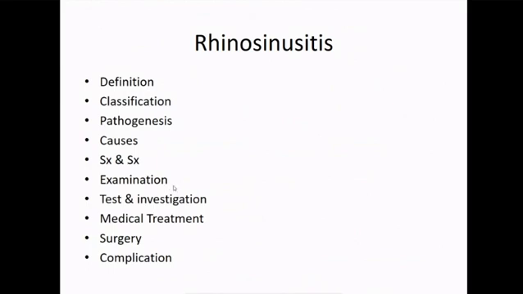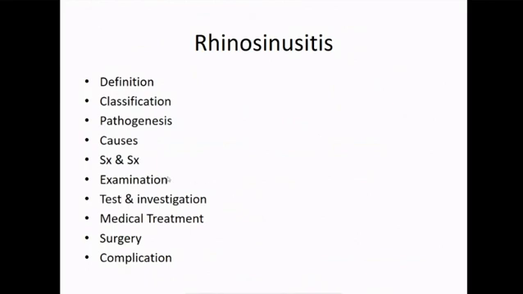In rhinosinusitis, you expect to see mucopus inside the nose, inflamed and edematous mucosa, and in chronic disease you see polyps as well, when you do anterior and posterior rhinoscopy.